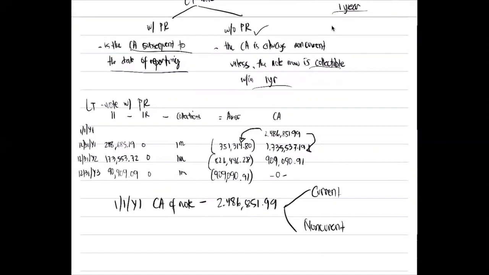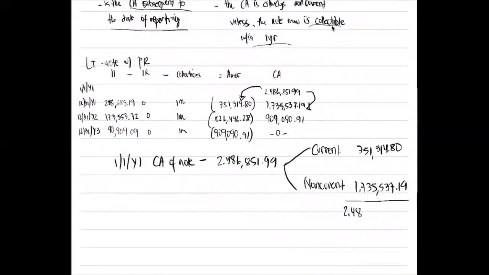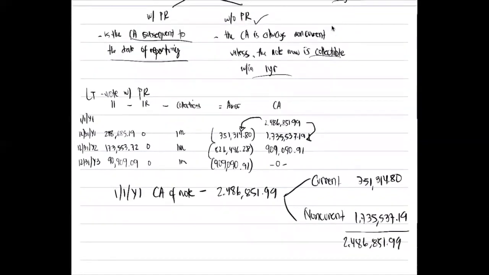So our current is equal to 751,314.80, and our non-current is 1,735,537.19. So pag tinotal mo yun, ang makukuha mo pa rin naman is 2,486,851.99. Yun nga lang, kailangan kasi nating alamin yung current or non-current.